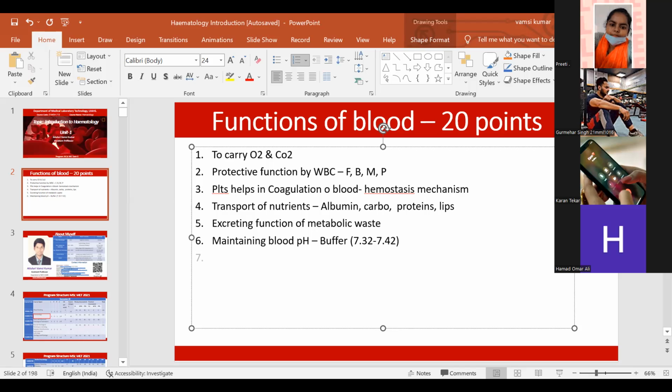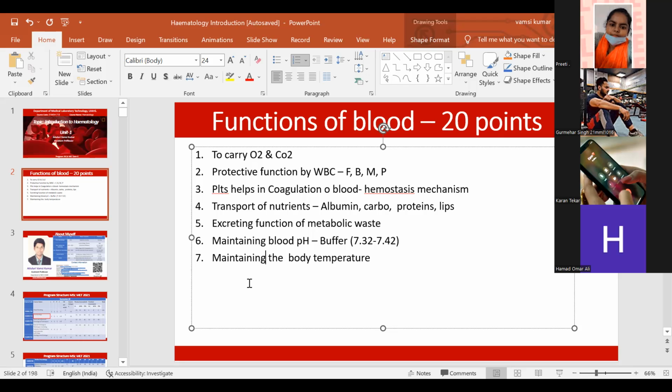Blood won't maintain body temperature directly. The primary organ that is responsible for heat generation in the body is the liver, because the liver is the site where the major amount of metabolic activity takes place. The higher the metabolic activity, the more heat is generated, as one of the byproducts of metabolism. Since there is a high metabolic rate in the liver, the liver is the primary source for generation of heat.